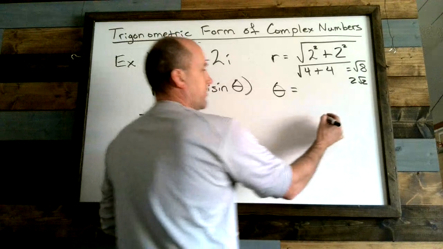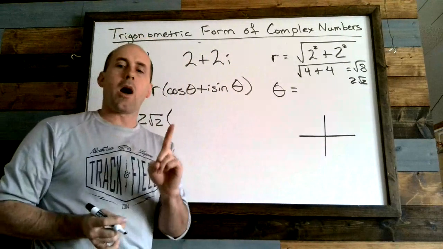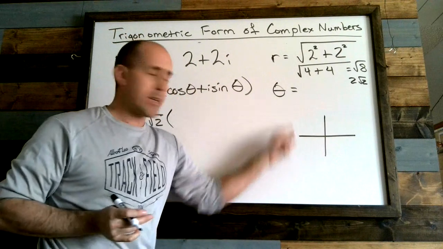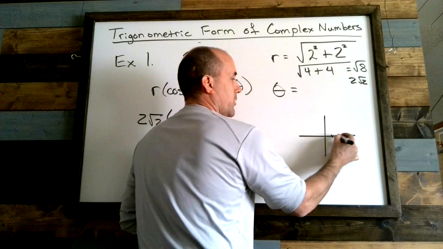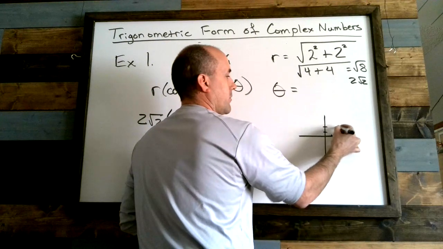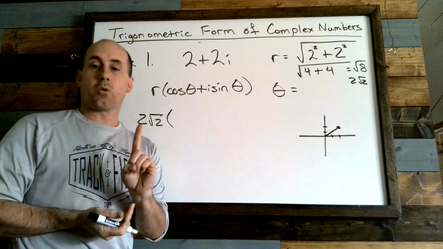So if you consider 2 plus 2i, which quadrant will 2 plus 2i place me in? First, second, third, or fourth? Very good. First quadrant. So I'm in the first quadrant.